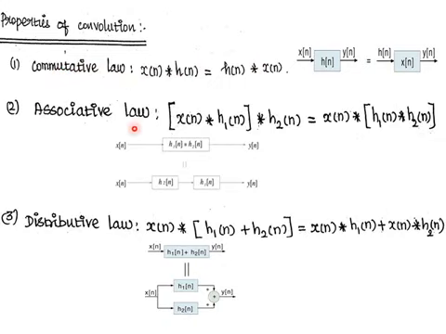The second property is associative property, and here we will be considering two different impulse responses, h1 of n and h2 of n.